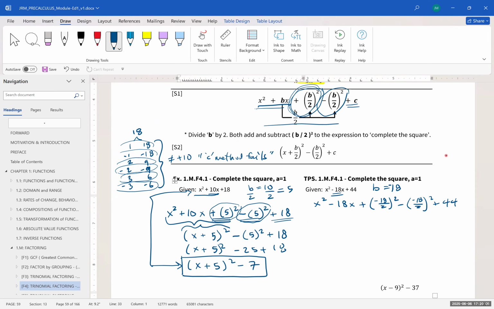All right, let's try and simplify some things here. We've got x squared minus 18x plus negative 9 squared minus negative 9 squared plus 44.